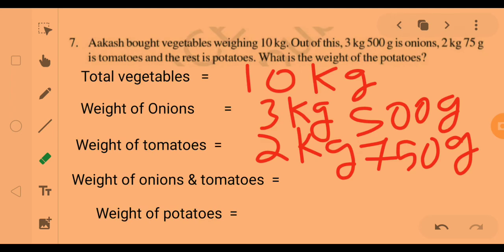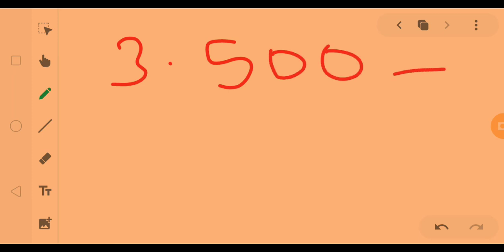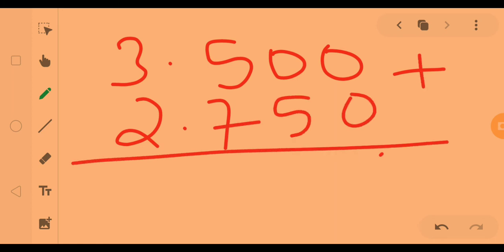So here, let us add the weight of onions and the weight of tomatoes together. So how much is it? 3 kilogram 500 gram. We will write it as 3.500 plus 2 kilogram 750 gram, so 2.750. Then let us add it first. So 0, 5, then 7 plus 5, 12, 1 carry over, then decimal point, 6, 3 plus 2, 5, 5 plus 1, 6.